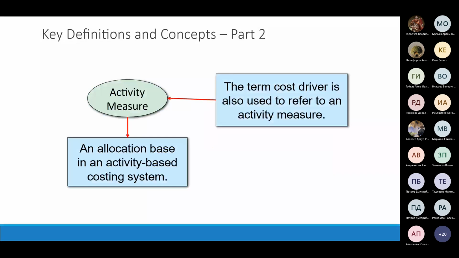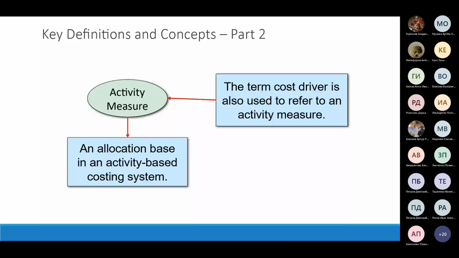So we defined the activity and then define the activity measure. An activity measure means that we have selected the allocation base in an activity-based costing system. So if our activity is freezing, the activity measure could be the electricity used to freeze our chamber to 1 degree below zero.